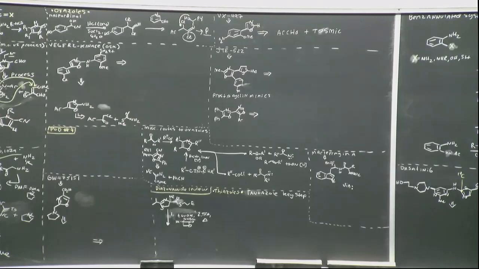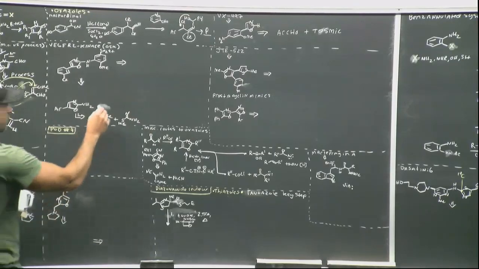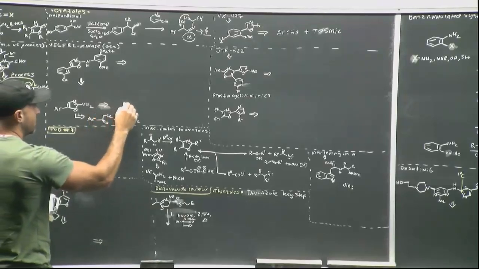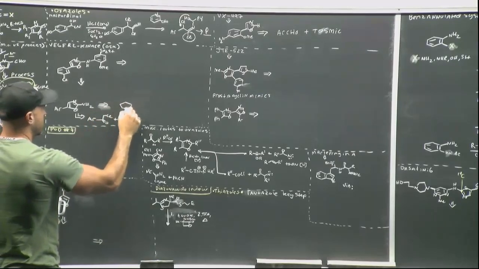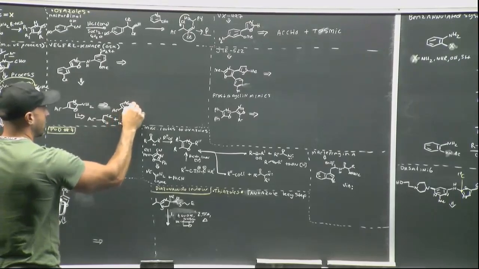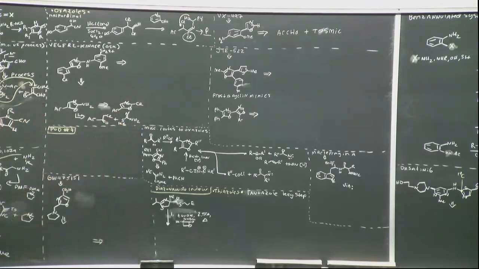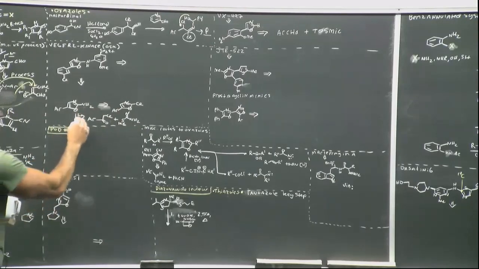Something like that, perhaps? I think that might be problematic. So there's a couple of issues. I think the easiest way to make that is probably going to be via this. Wouldn't you say, Vince? Problem with this one is I'm probably, when I cyclize, just going to get an imidazole with an S-methyl there. So this is probably not going to work.